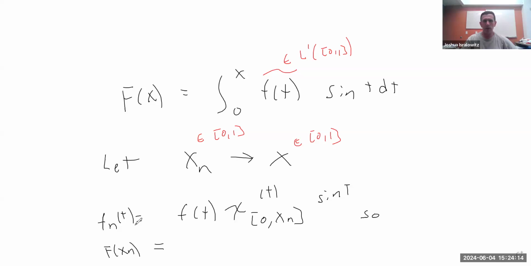That's continuity for each x in 0 to 1. So I use the sequential criterion of continuity: big F of xn has to go to big F of x for any sequence xn converging to x in 0 to 1. So big F of xn is going to be equal to what?